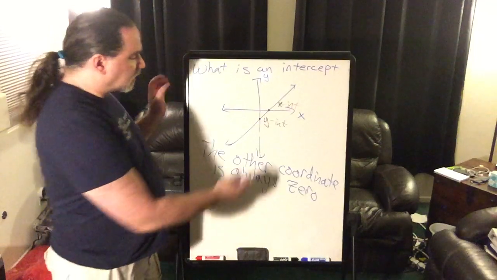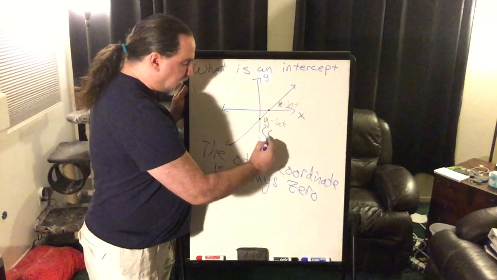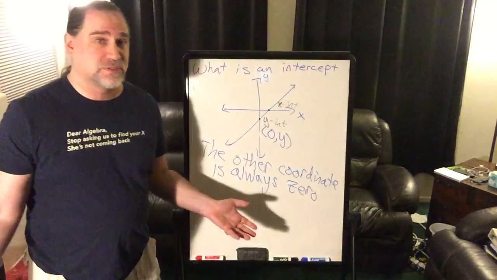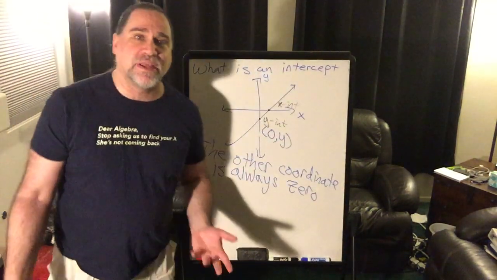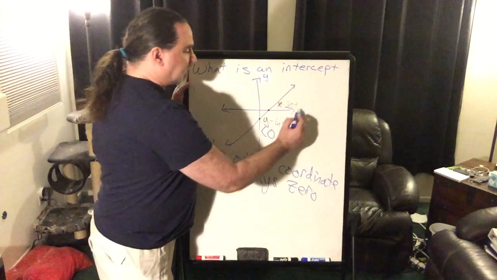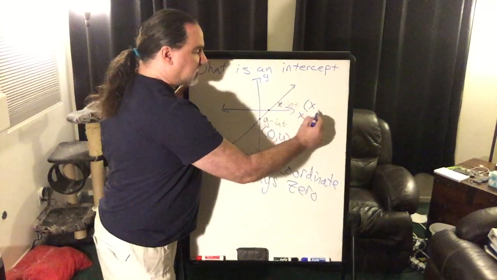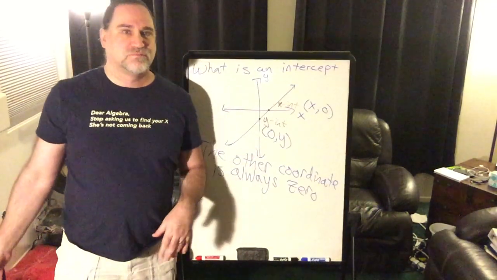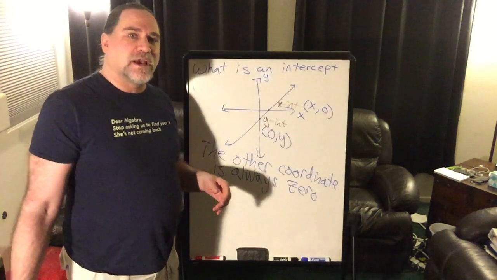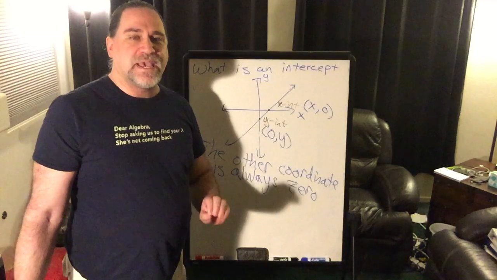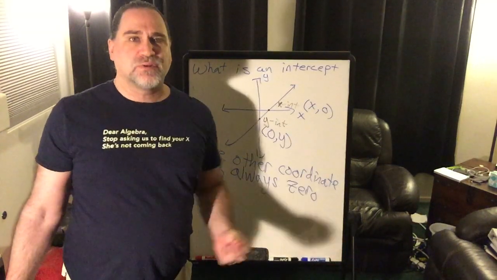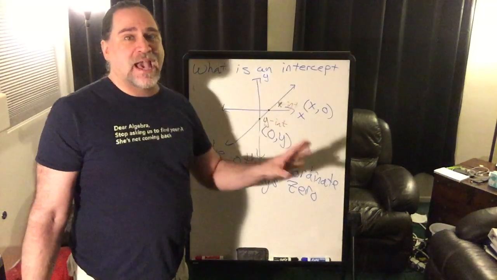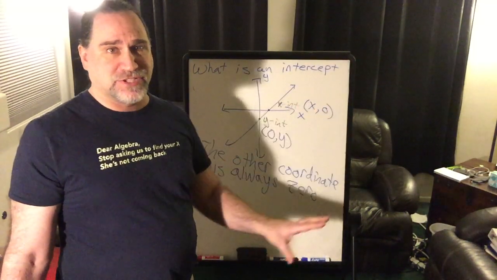So if we're talking about the y-intercept here, the x is 0 and the y is whatever the y value is. In this case, it looks like maybe it's about -2. On the x-intercept, it'd be x, and then the y value is 0, and maybe that would be a +1, I don't know. But that is what makes an intercept an intercept. The other value is always 0, and it is on the axis for which we are naming the intercept.